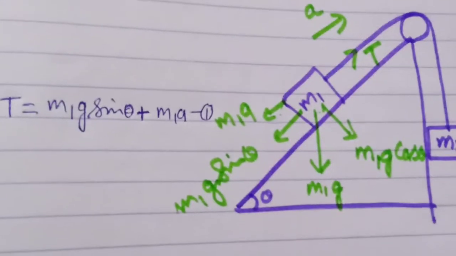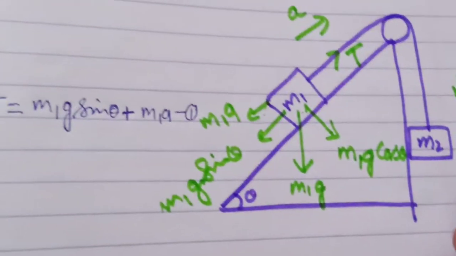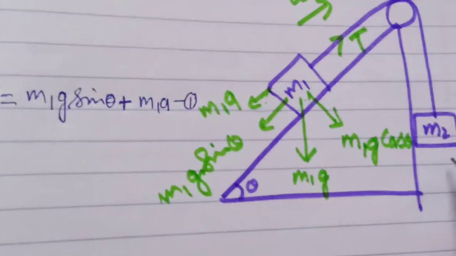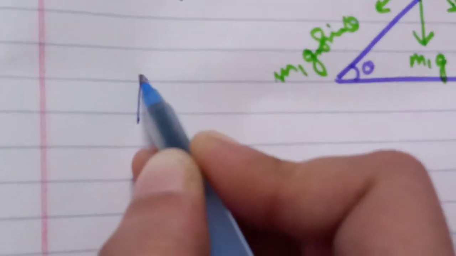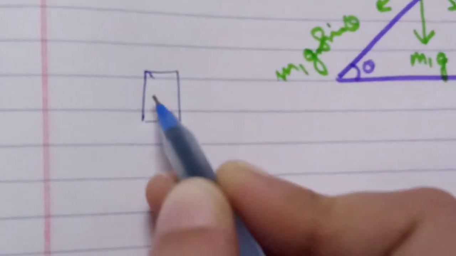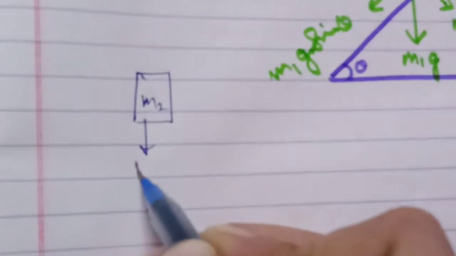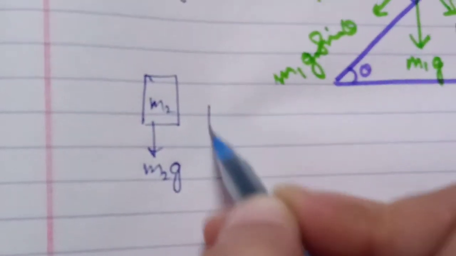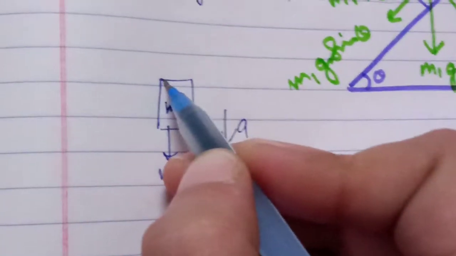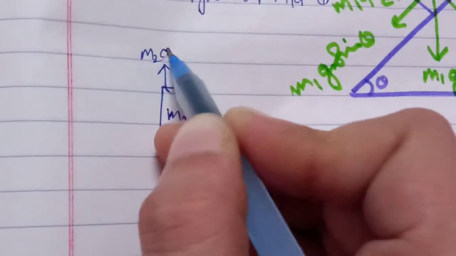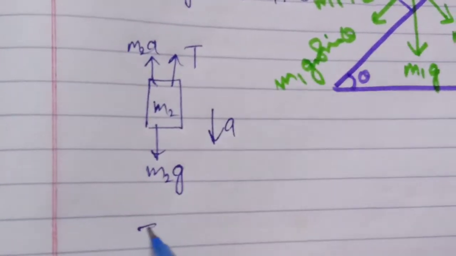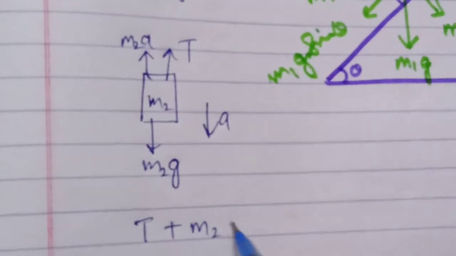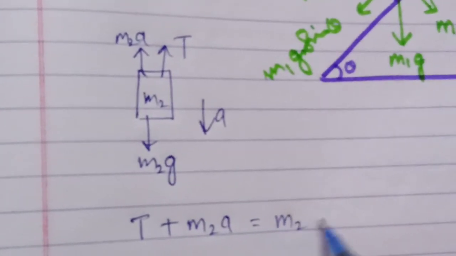Now we will draw the FBD of m2. This is m2, m2g. The acceleration is downward, so m2a is upward and T is also upward, so T plus m2a is equal to m2g.